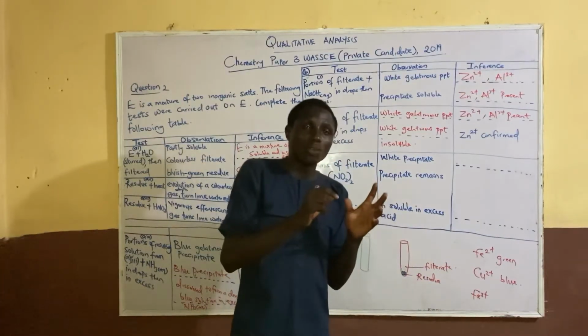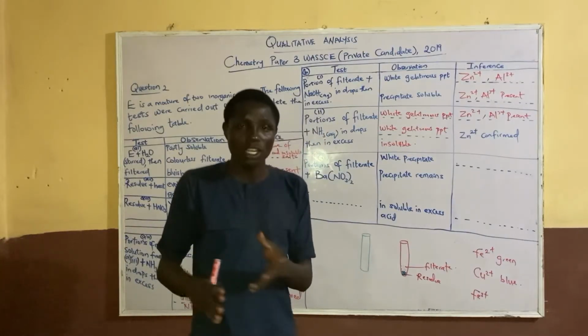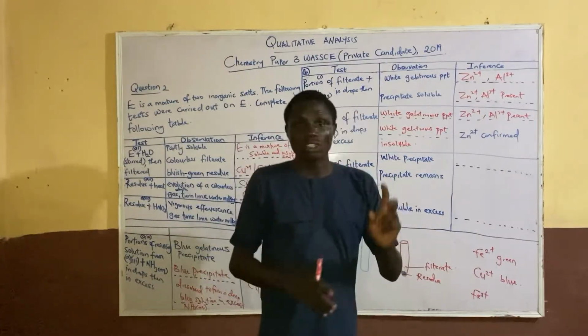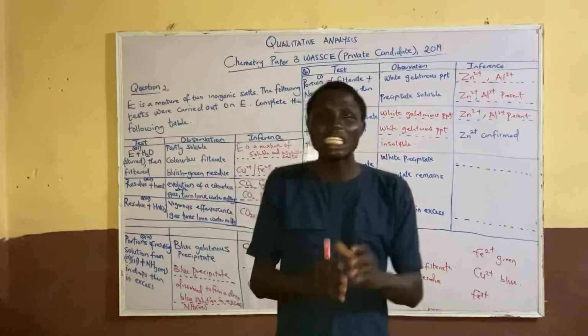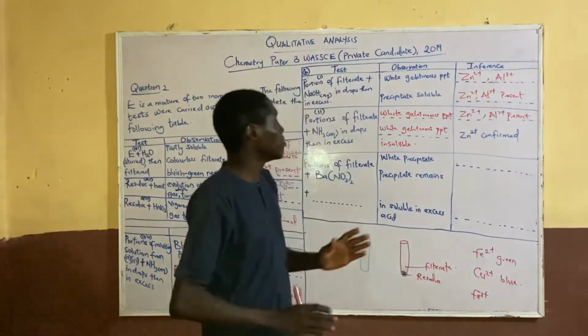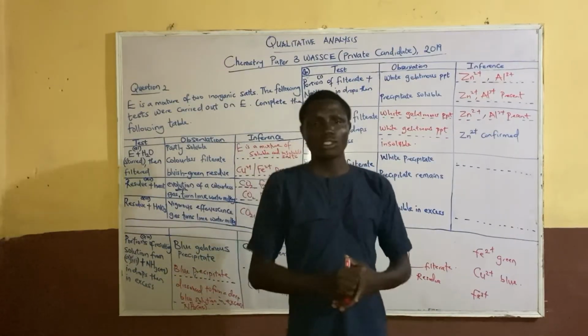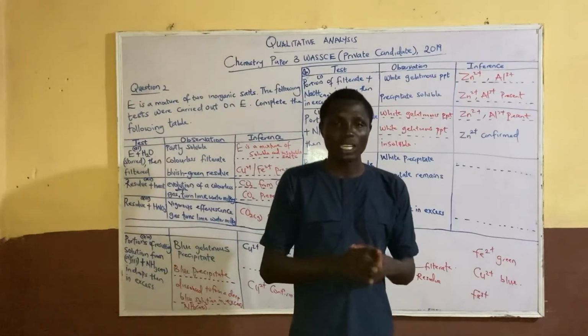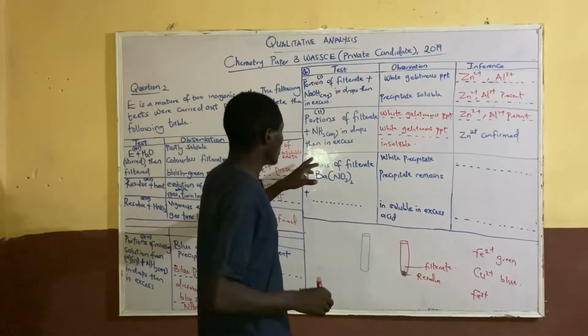So when we discover that the filtrate is insoluble in excess aqueous ammonia, we can say it is true that zinc 2 plus is present and confirmed in the filtrate, not aluminium 3 plus. So that's a confirmatory test for zinc 2 plus. Now, that's the confirmation.